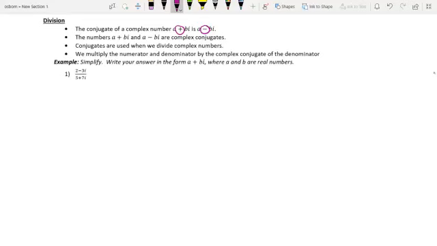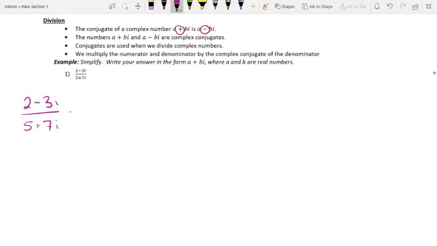Alright, so what's that going to mean for this example? We want to simplify and we want to write our answer in a plus bi form. So I've got 2 minus 3i over 5 plus 7i. Now recall, I'm going to multiply both the numerator and denominator by the complex conjugate of the denominator.